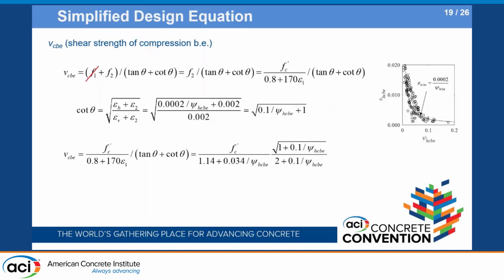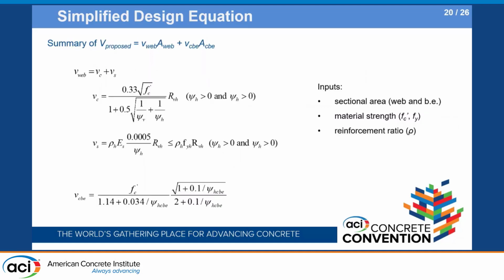So the equations look a little bit complicated, but they just require the geometry of wall and concrete strength, rebar strength, and reinforcement ratio. It's very similar to the conventional equations, but the difference is that we directly consider the influence of boundary element in strength evaluation.